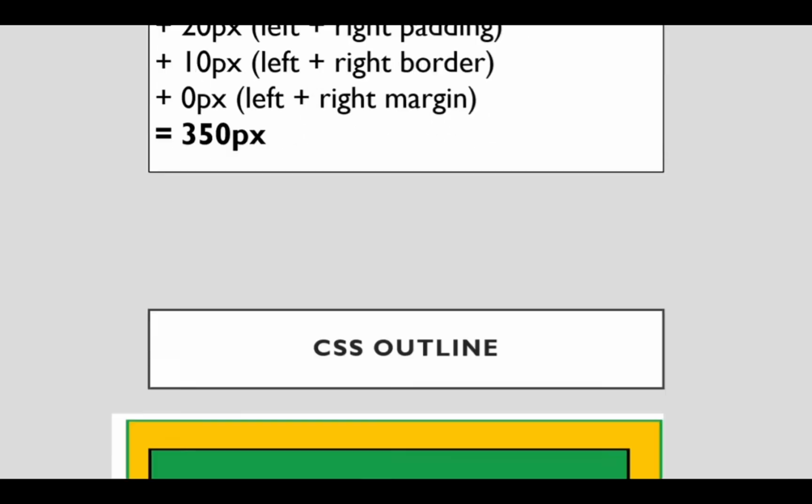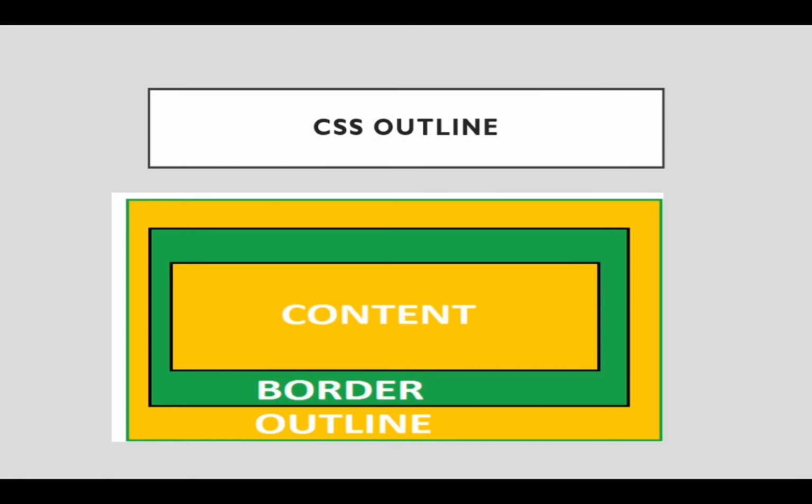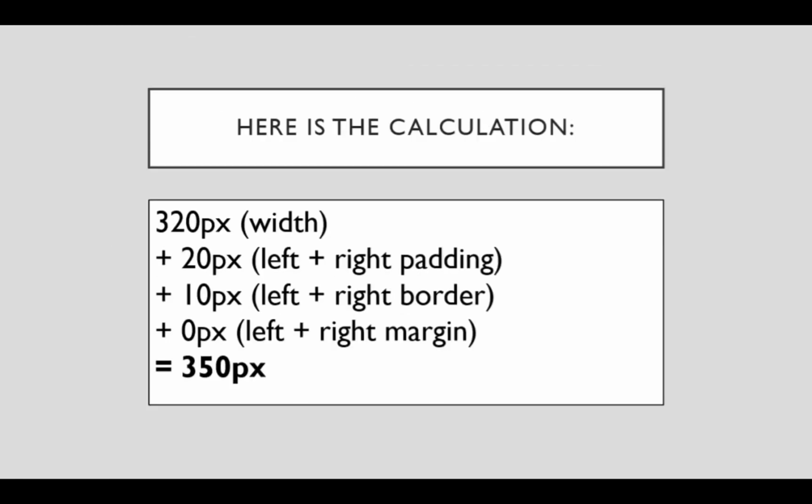So I am going to tell again how the total width of an element should be calculated. Total element width is equal to left padding plus right padding plus left border plus right border plus left margin plus right margin plus width.